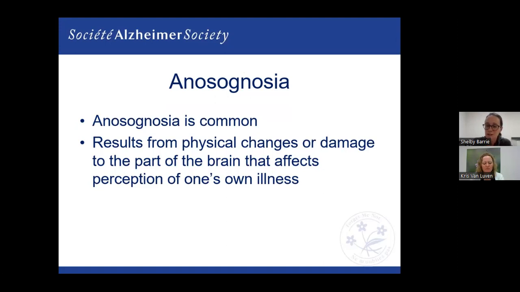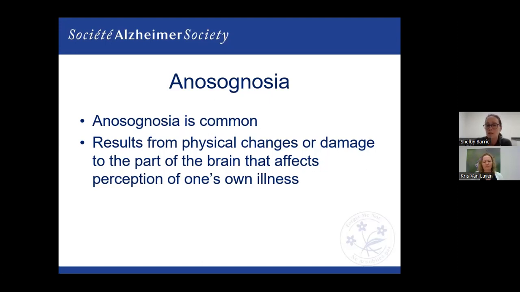So this means that, no matter how much we reason with the person or argue with the person about the diagnosis or the changes, they often cannot appreciate or understand their condition. And on top of this, it's not their fault, and they're not doing this intentionally. Their brain has changed such that they are physically often incapable of insight into their illness.